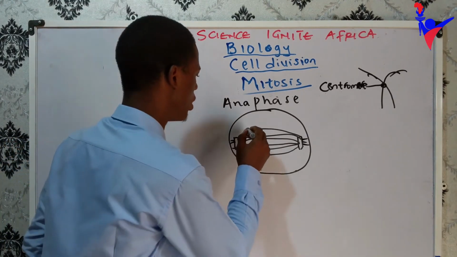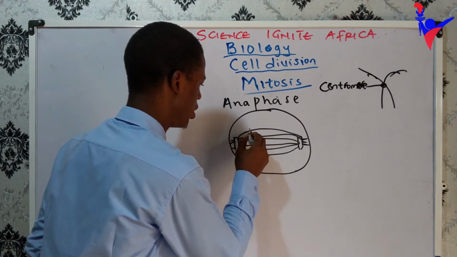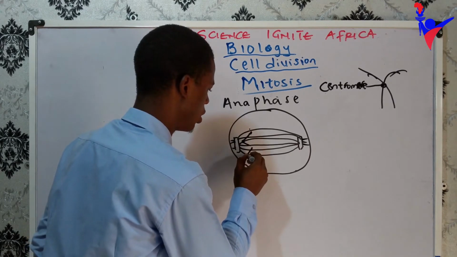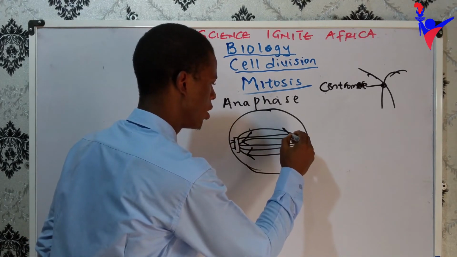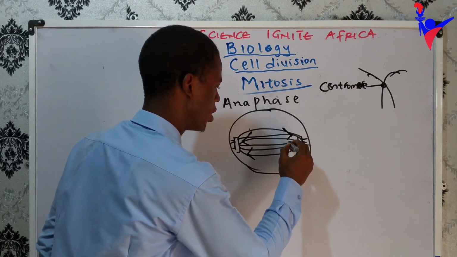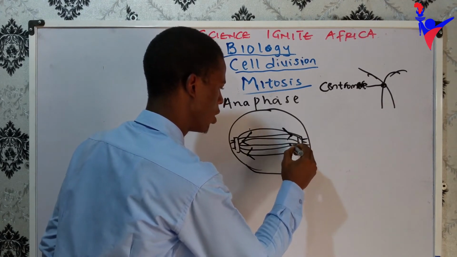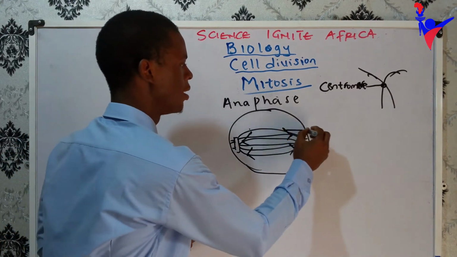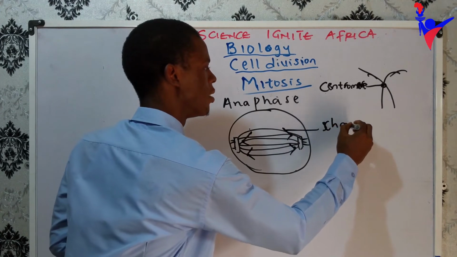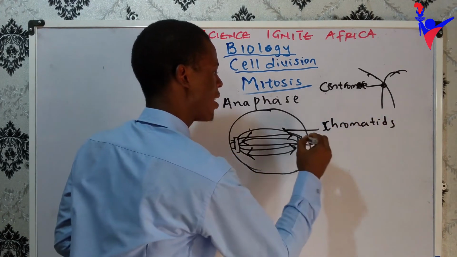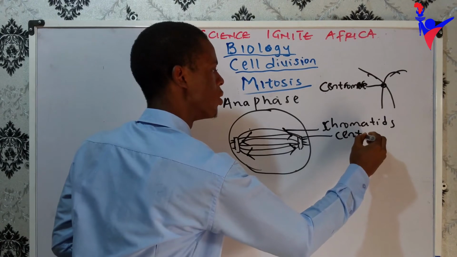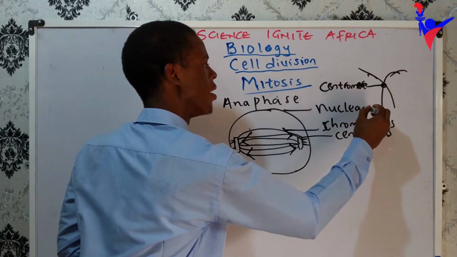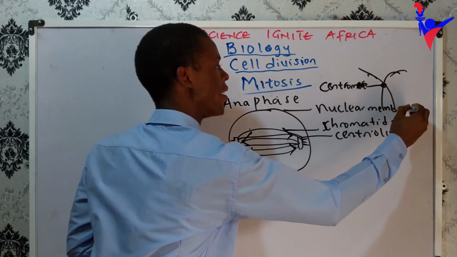Basically, you've seen these are the chromatids, this is the centriole, and these are the nuclear membrane.